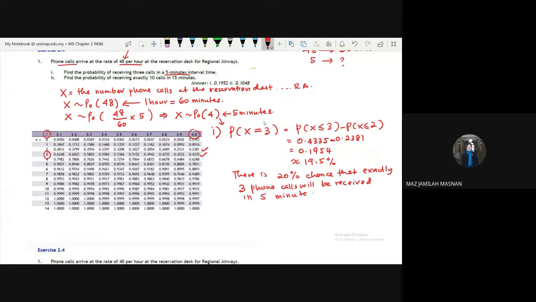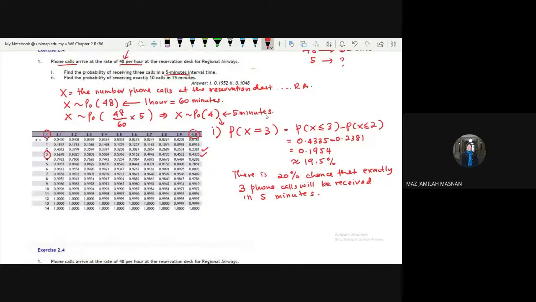So this is how we interpret. Or we can say that it is unlikely that exactly 3 phone calls will be received in 5 minutes. What about question number 2?